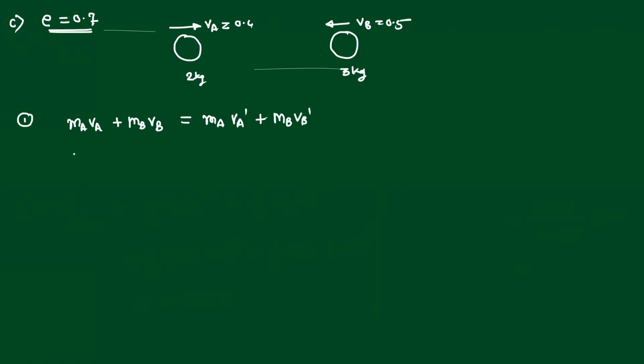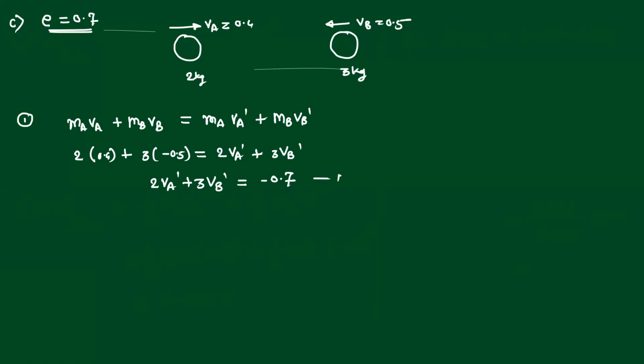Okay, so put the value: mass of A 2 kg into velocity of A 0.4 plus 3 kg into minus 0.5 is equal to 2 Va dash plus 3 Vb dash. Okay, so from this we get the equation 2 Va dash plus 3 Vb dash is equal to minus 0.7. So this is equation 1.